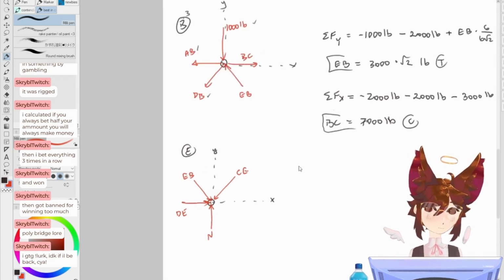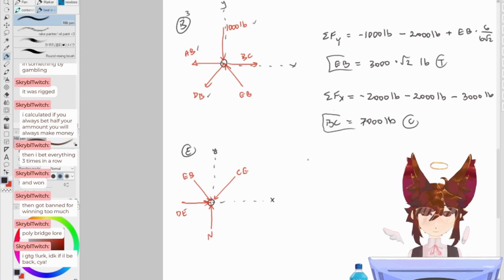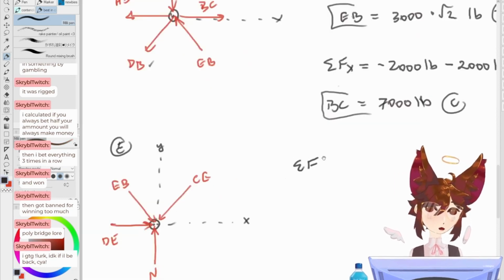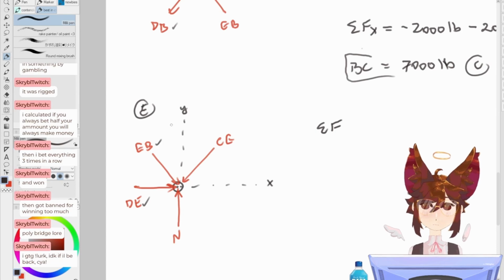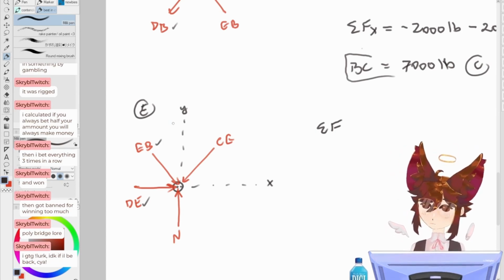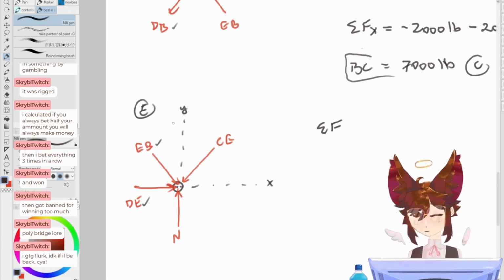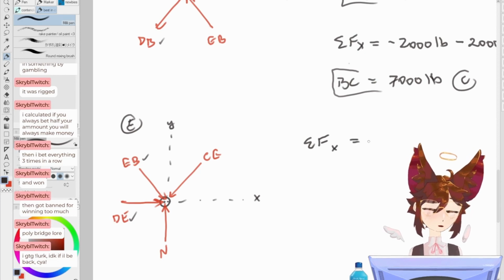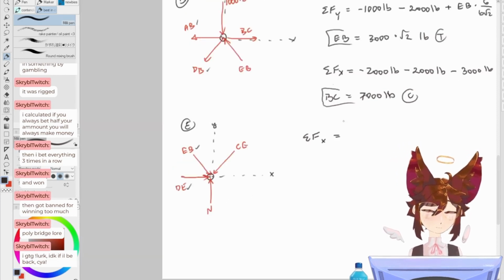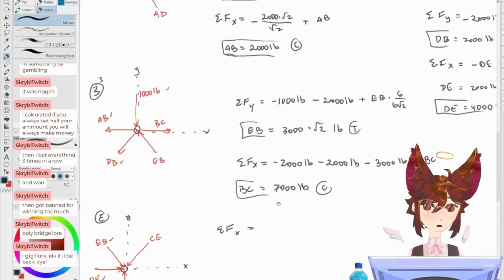Well, let's see, which way do we go? We know this one and we know this one. So the one that we don't have any components in would be the x. So f of x equals, what is DE? DE is huge, right?